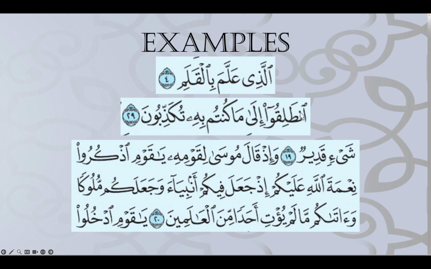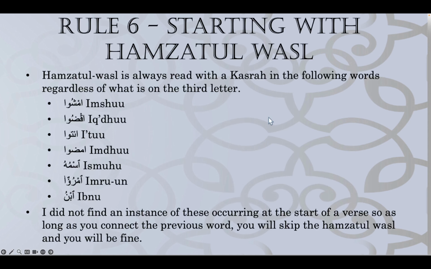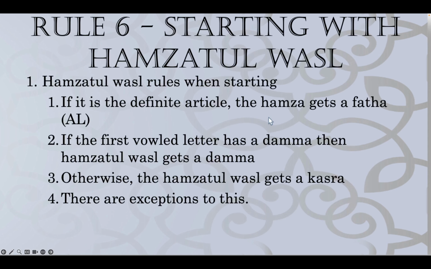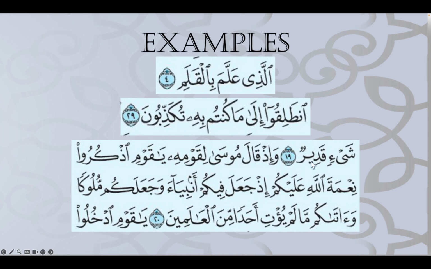This is a noon sukun, so that's not the first vowel letter. The first vowel letter is actually ta, and the diacritic that occurs on it is a fatha. Because that's the case, the first vowel letter is not a dhamma. The Hamzat al-Wasl is going to get a kasra. So this is going to be inṭaliqu.